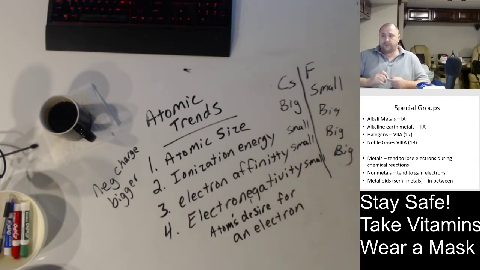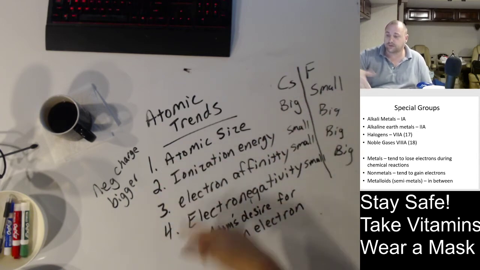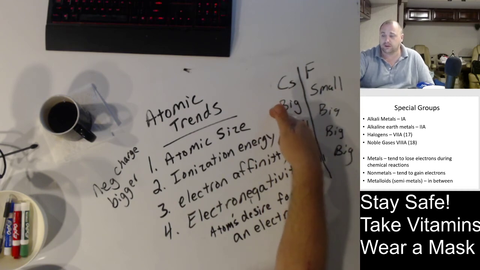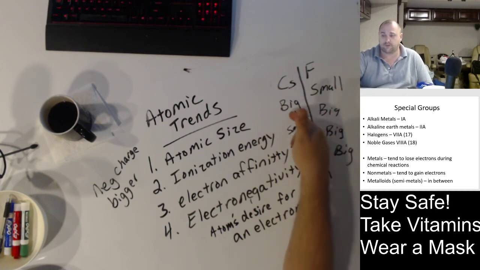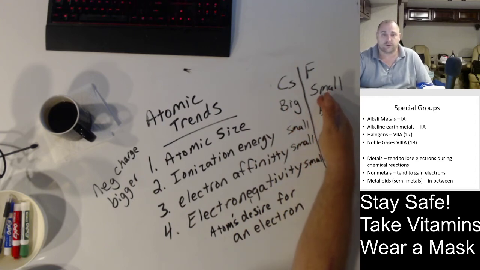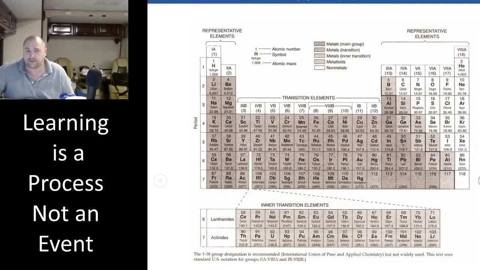When you're doing these, you have to pay attention to which trend we're looking at, because these are always in the same order in the books, and so this makes life easiest. They start with size first, so it's big for cesium and then small for everything else, whereas fluorine is small and then big for everything else. When I was taking my test on this, I'd come over to cesium and write big, small, small, small, and over to fluorine and write small, big, big, big.